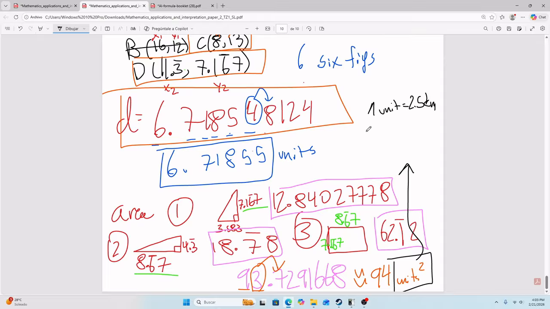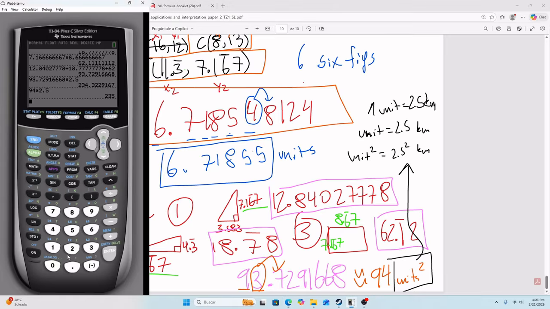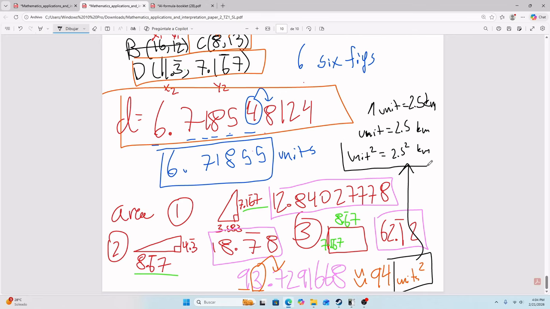And if it's units squared, you can think about it as unit equals 2.5 kilometers. So if you were now to square the unit, you got to square both sides as well. And so 2.5 squared, which is just multiplying it by itself, you have 6.25. And so that is a small but extremely relevant big brain play that you have to do.